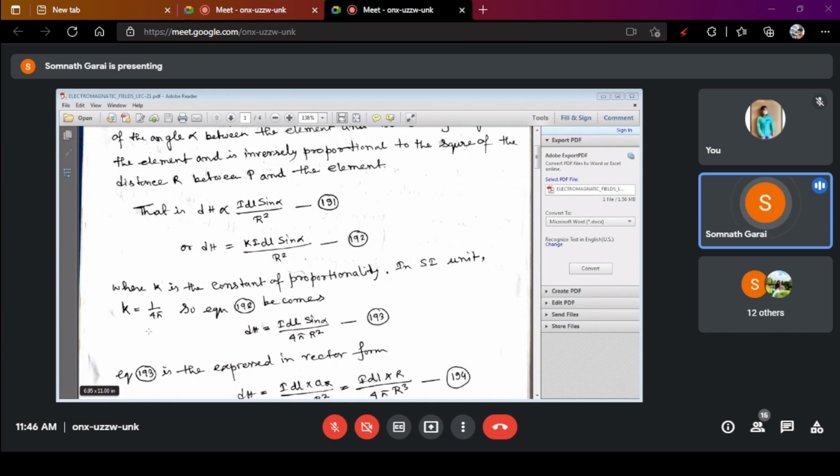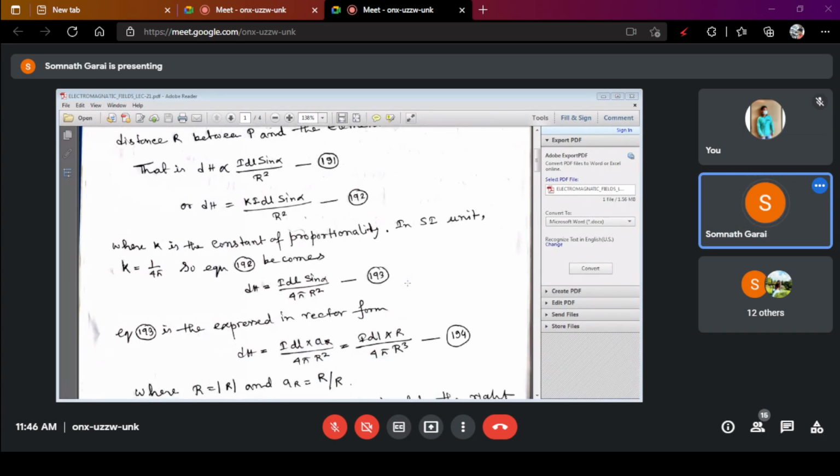So equation 192 is modified to dH is equal to I dl sine alpha by 4 pi R square. This is equation number 193.